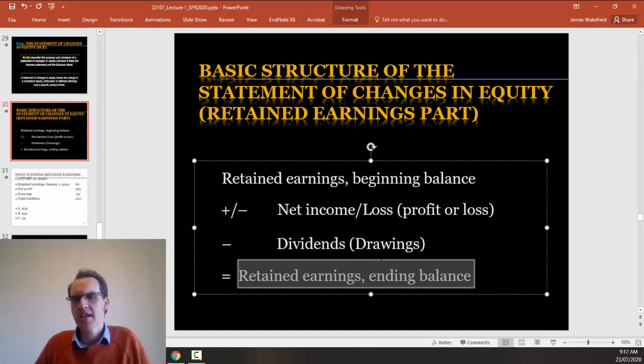So essentially, we're looking at how our profit has changed the balance of retained earnings and how distributions to owners have reduced that retained earnings balance, right? So this is the most common area you will see in the Statement of Changes in Equity, and it essentially is reflecting a change in the equity position of the business. So how much retained earnings is kept by the end of the period.